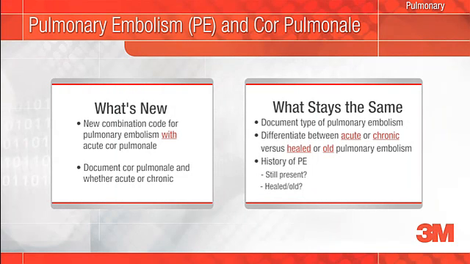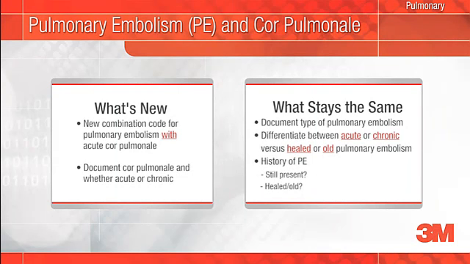History of can be interpreted to mean the patient has had the condition for a while, such as in history of hypertension, or interpreted to mean the patient no longer has the condition. Documentation of chronic pulmonary embolism versus healed or old PE makes a clear distinction and assures that the severity of illness of your patient is reported accurately.